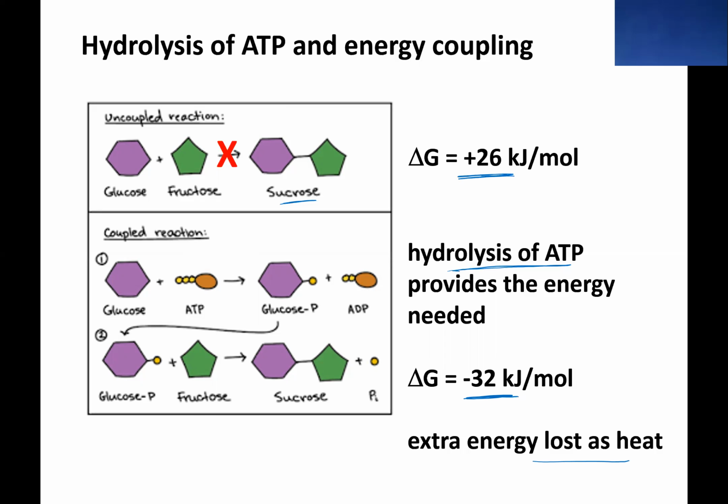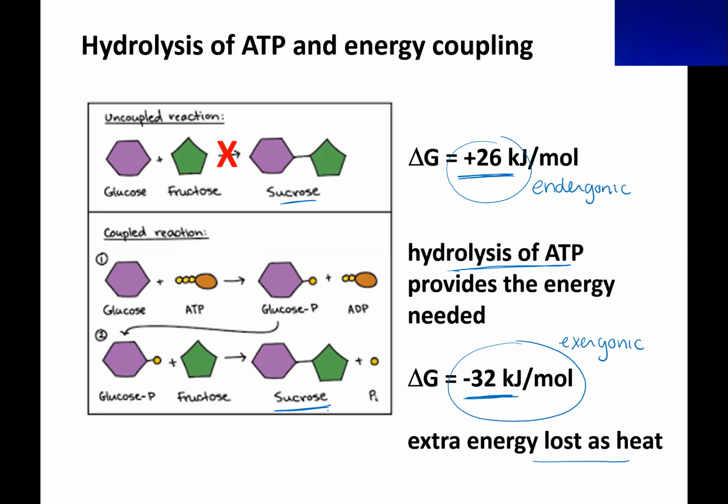But energy coupling, again, is how you take a reaction that needs energy, which is endergonic, and you combine it with a reaction that releases energy, which is exergonic, and the enzyme can then make sucrose, make sugar.